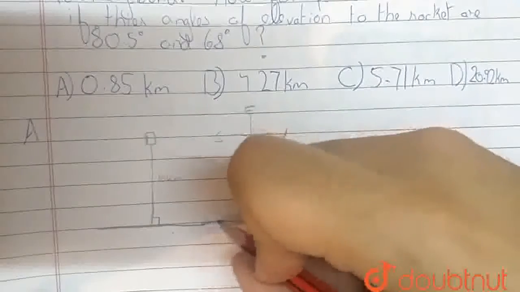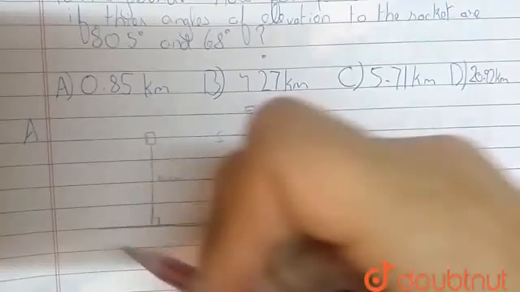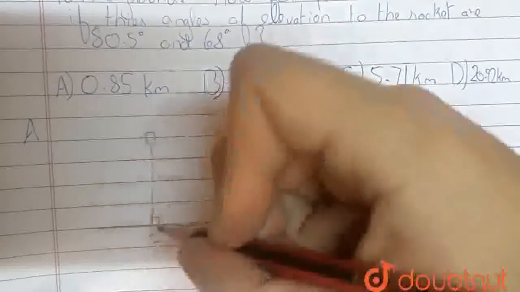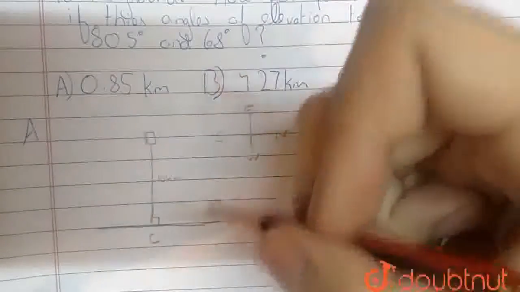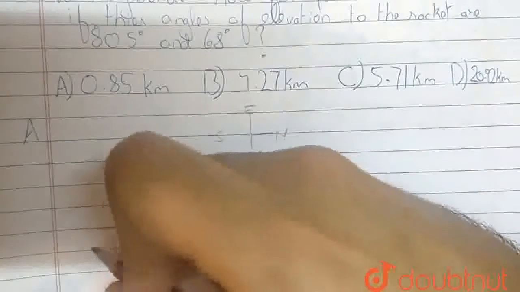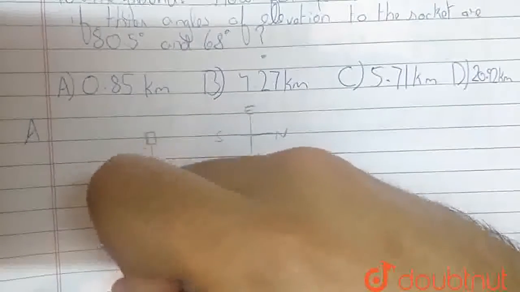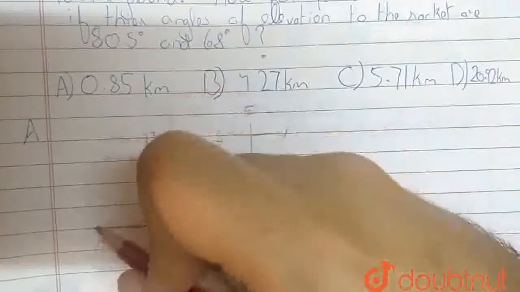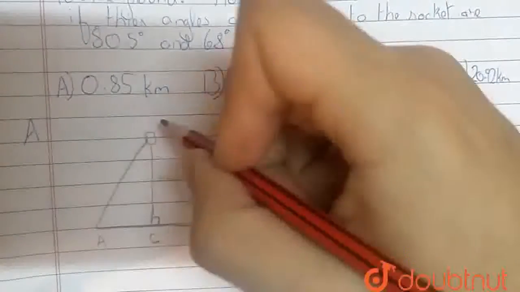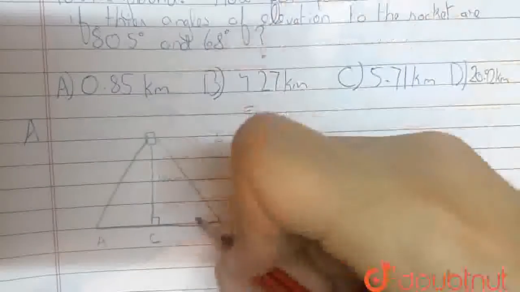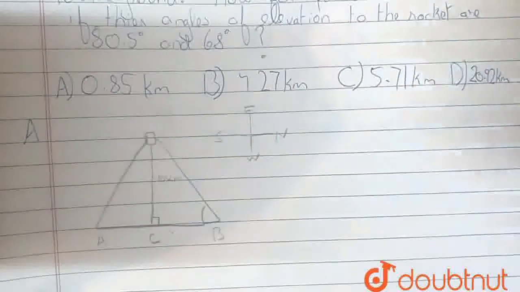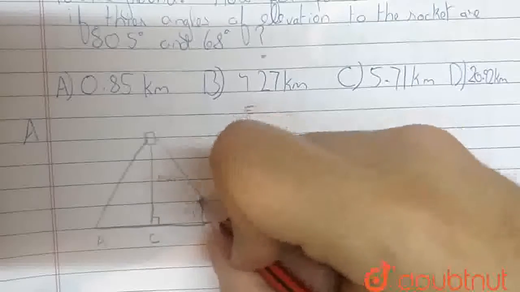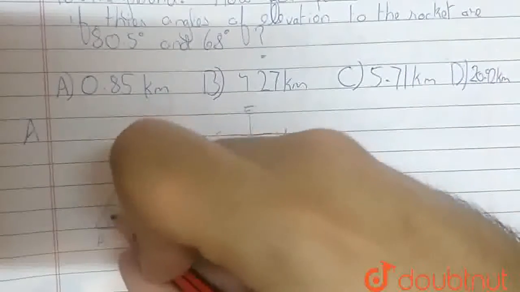Now they're saying that there is observers north and south. Let us name this point as C and this point as A and this point as B. They're saying that there are two observers that are standing as such with their angles of elevation at 80.5 degrees and 68 degrees.